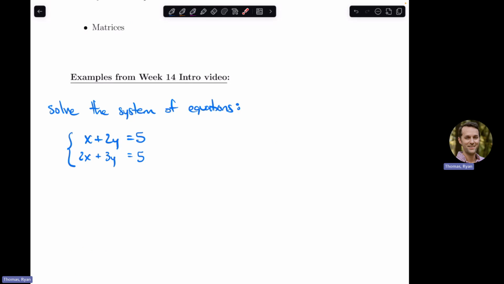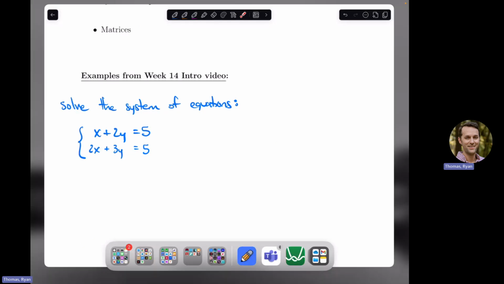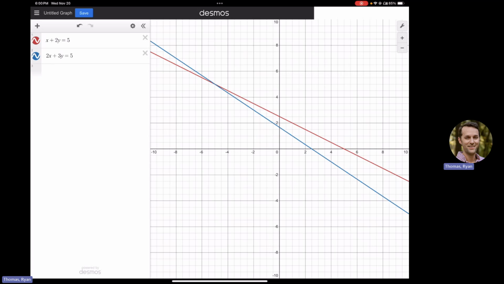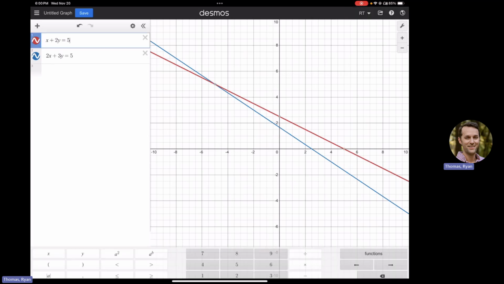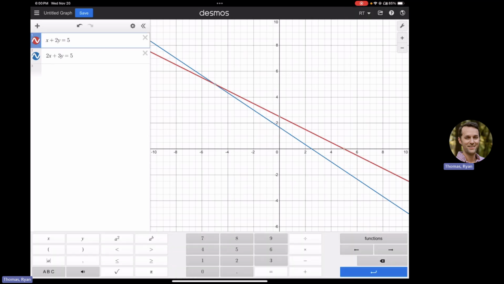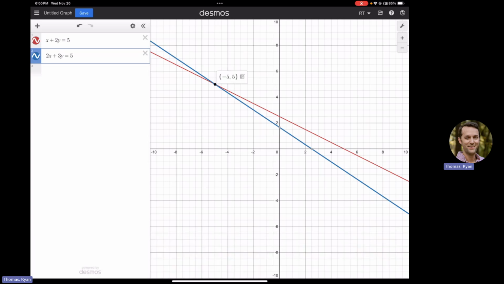We'll look at cases where it doesn't in class, but the graphical interpretation of this, if I graph these two things together, there's x plus 2y equals 5 in red, 2x plus 3y equals 5 in blue, and notice that they have this one shared point where they have the same xy coordinates at the same time. That's the solution to the system, -5, 5.